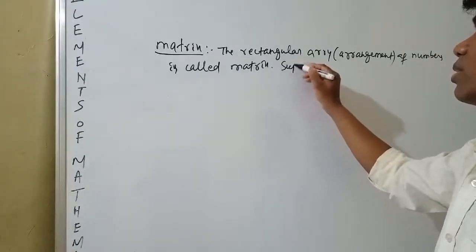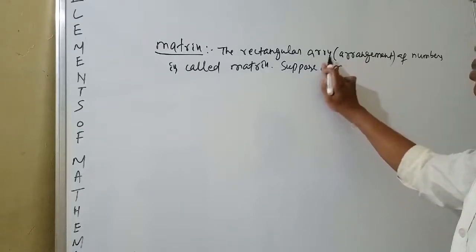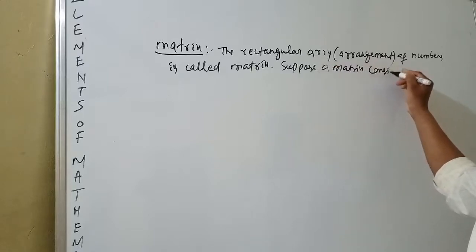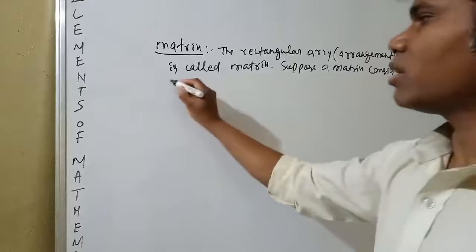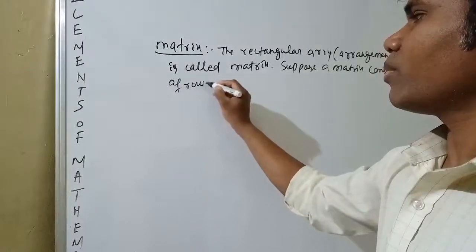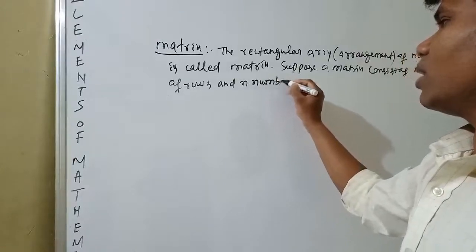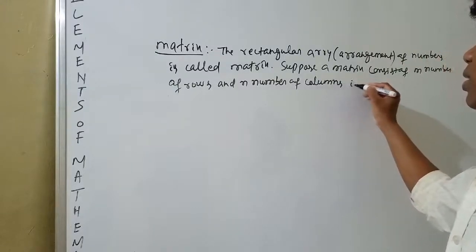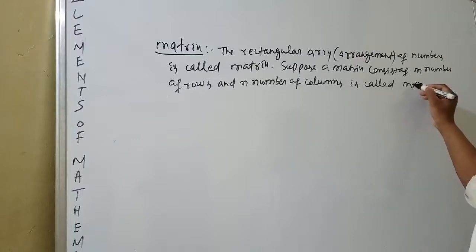Suppose a matrix consists of m number of rows and n number of columns, it is called an m cross n matrix.